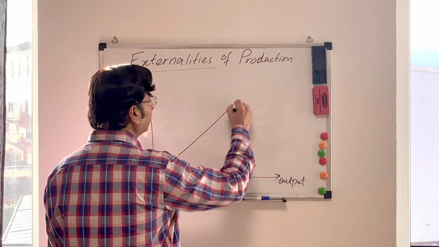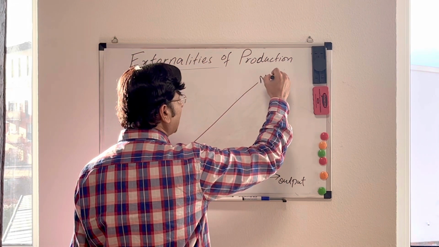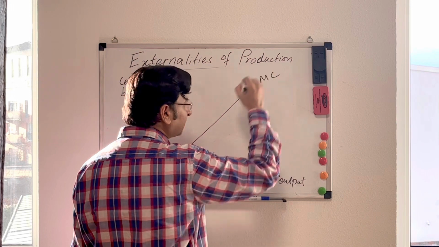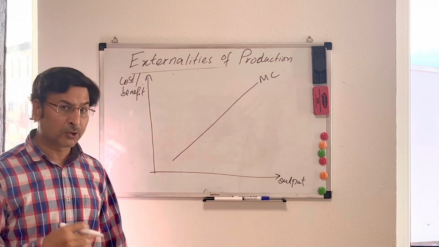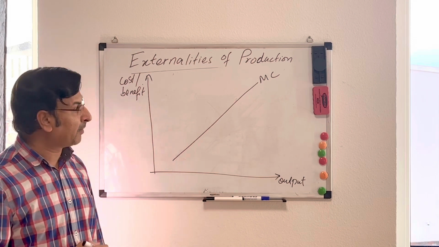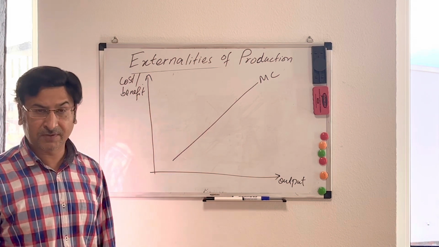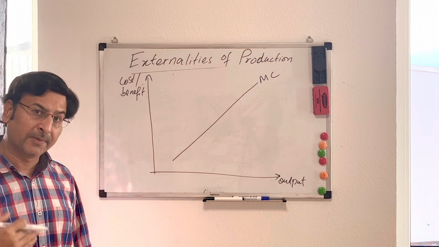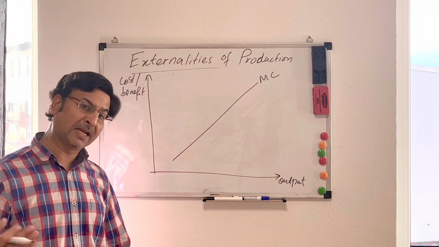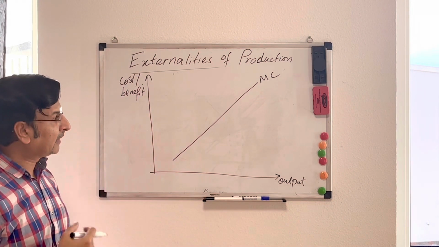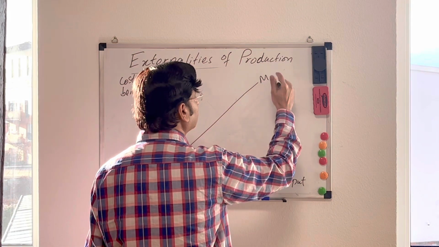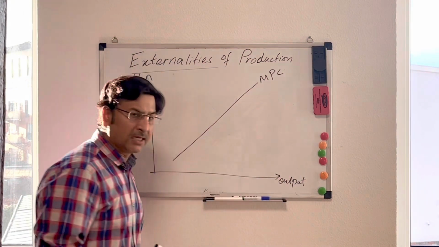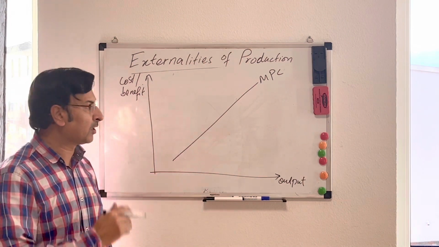The first curve I'm going to show you is marginal cost, and this is the same cost you use in your microeconomics, which is a combination of your fixed and variable cost. Technically, marginal cost is the change in variable cost only, but here I'm going to call it marginal private cost just to make it different from the social cost.